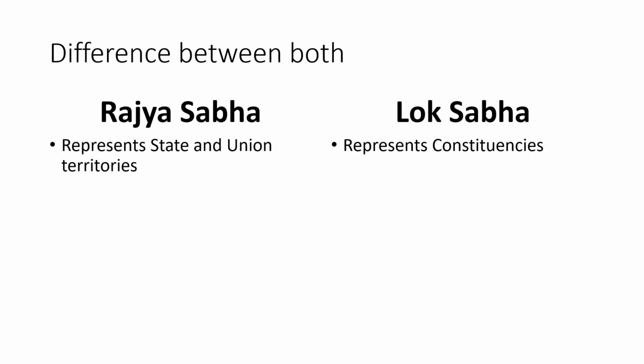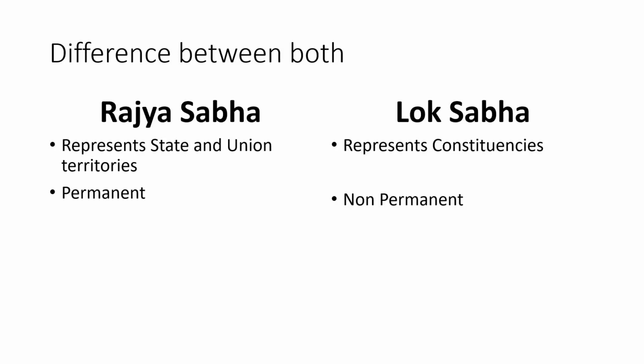Now, the most important thing to keep in mind is that Rajya Sabha is a permanent body, but Lok Sabha is not permanent. Why are we calling Rajya Sabha permanent and Lok Sabha non-permanent?